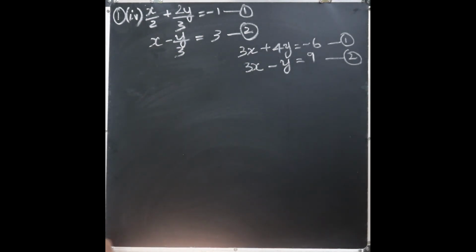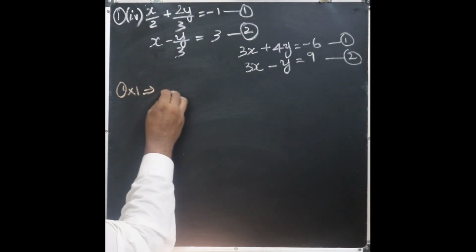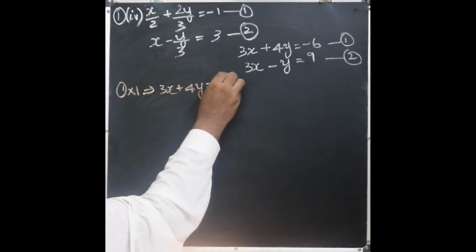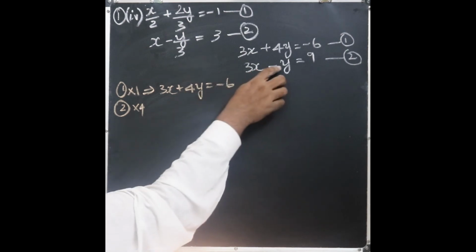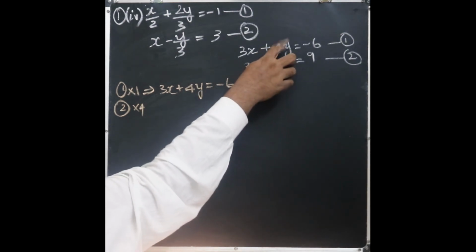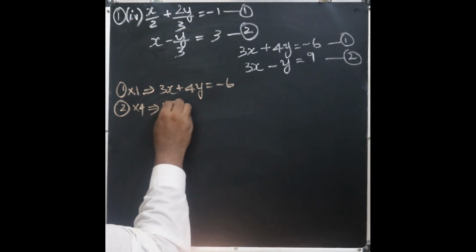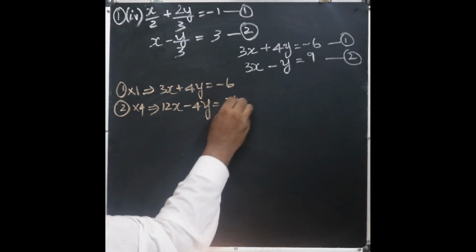Now I am going to multiply my first equation by 1 because I am going to eliminate y. So first equation into 1 will give you the same thing, that is 3x plus 4y equal to minus 6. Second equation I am going to multiply by 4 because I need 4y here for the y term to get eliminated. Then we will get 12x minus 4y equal to 36.